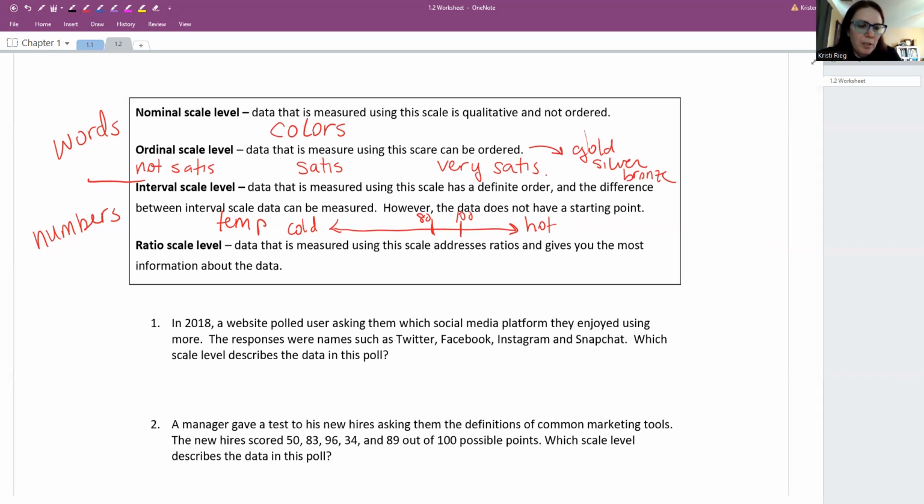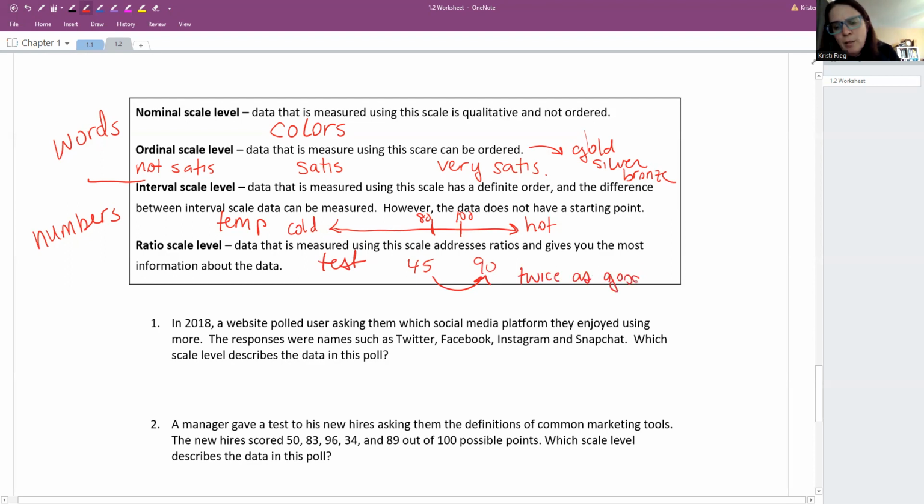A ratio scale level addresses ratios to give you the most information. So if we had a test, for example, and somebody scored a 45 and somebody scored a 90, then we could say that this person was twice as good, twice as high, 2 times double the other person's score.